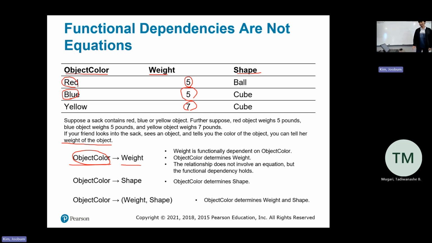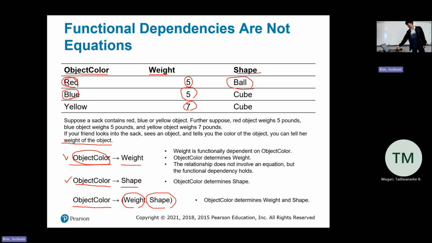And then how about the shape? If you know the color, you can say the shape. Choose red, it's a ball shape. Blue, cube. Yellow, cube. Similarly, color determines shape, right? So from those two functional dependencies, you can say that the color determines both weight and shape.